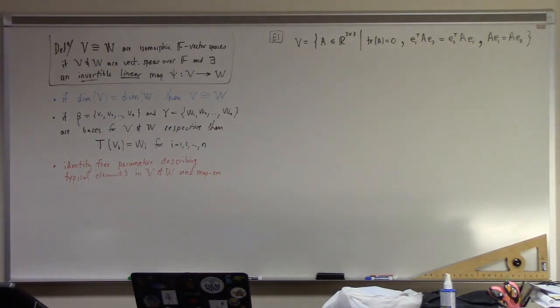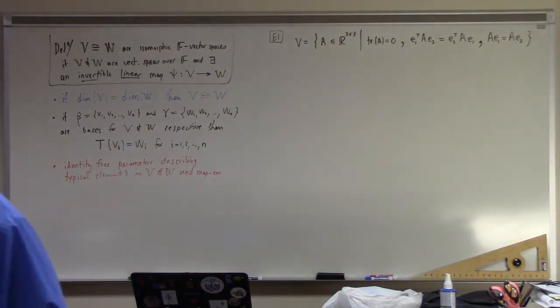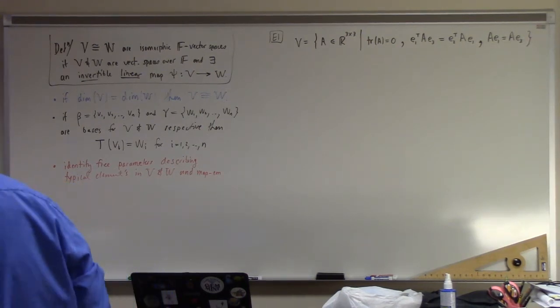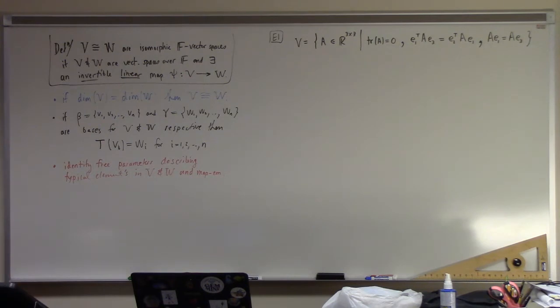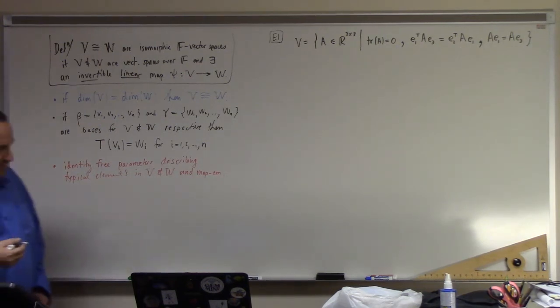And then let's see here. What do you guys want to find an isomorphism to? Let's find isomorphisms of this to a couple different things if possible, right? So here's what we'll do.